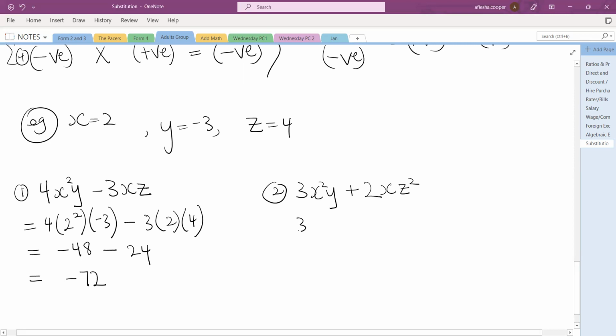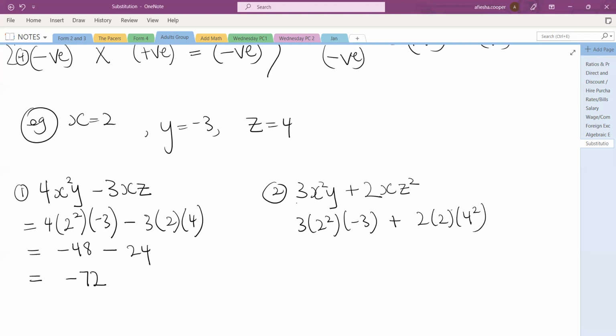Let's do the second one. 3 open brackets 2 squared by y, which is -3, plus 2 by 2 by only the z squared. So 4 squared, which is, I can put this in the calculator, 3 by 2 squared by -3, which is -36, plus 2 by 2 by 4 squared, which is 64.